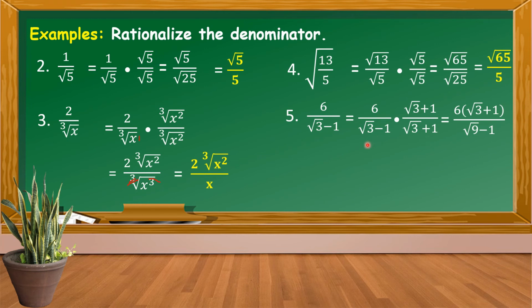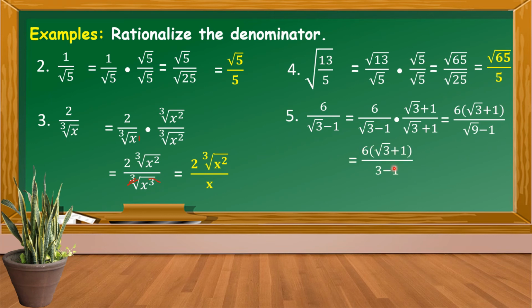This is our previous lesson on the sum and difference of two squares. We have square root of 9 minus 1. Why? 3 times 3, or square root of 3 times square root of 3, that is square root of 9. And negative 1 times positive 1, that is negative 1.